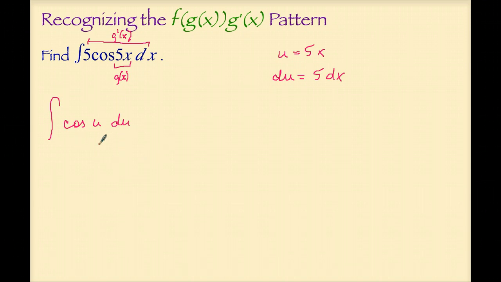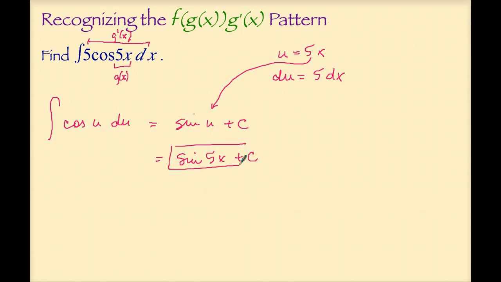This is just the integral of the cosine function, which means my integral will be sine of u plus c. And then, of course, at the end, I replace u with the original value 5x, which means my integral will be sine of 5x plus c. And that is how you use u substitution.